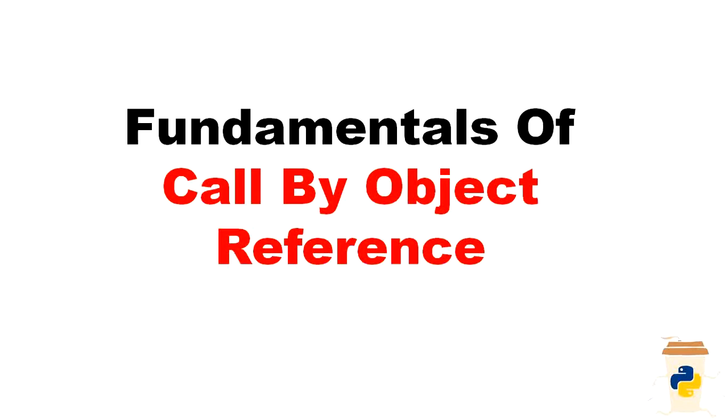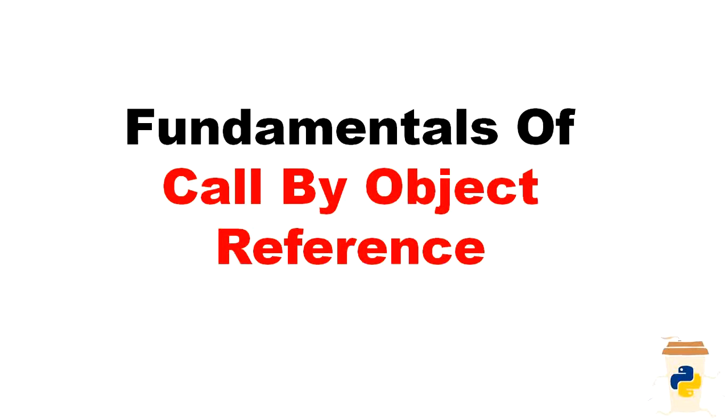Before we proceed further, here's a reminder for you. Everything is an object in Python. Python neither uses call by value nor call by reference. It uses call by object reference, or sometimes known as call by assignment.